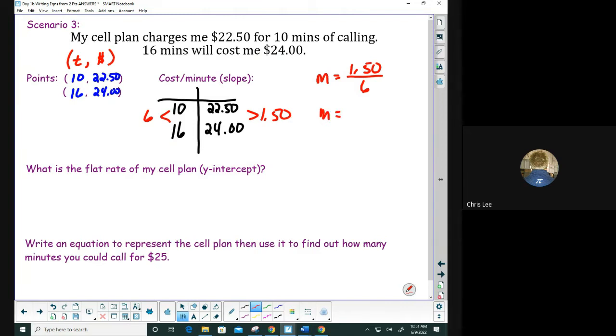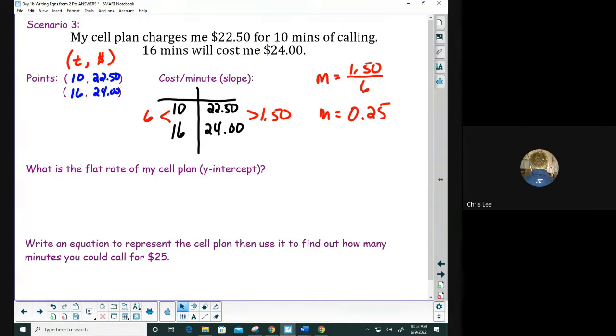Do the division. $1.50 divided by 6. 0.25. What does that mean? 25 cents a minute. Brilliant. Is that something you could have figured out in your head? No. This is where the algebra comes in.